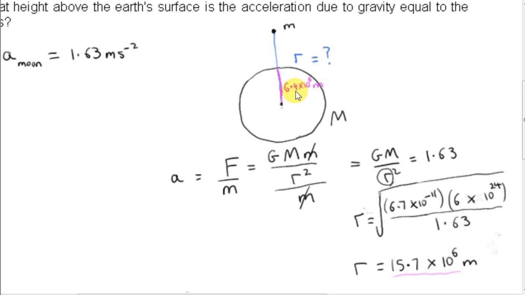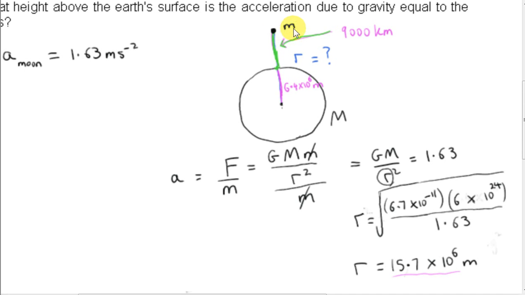The radius of the Earth is 6.4 million meters, so we have to add on roughly another 9 million meters. 9 million meters is about 9,000 kilometers. So we have to go up approximately 9,000 kilometers to get to a point where the acceleration due to gravity is the same as that at the surface of the moon.